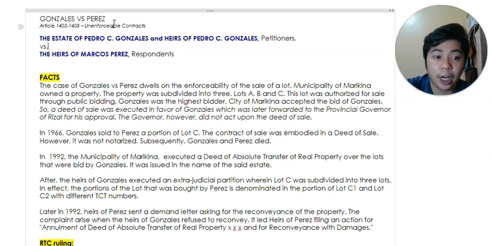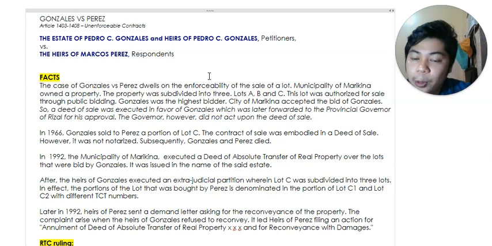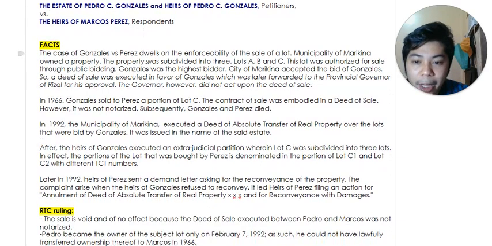The GR number is like a plate number for cases. Okay, let's proceed. First, you need to put the title, the complete title of the case, and the GR number. Don't forget it.